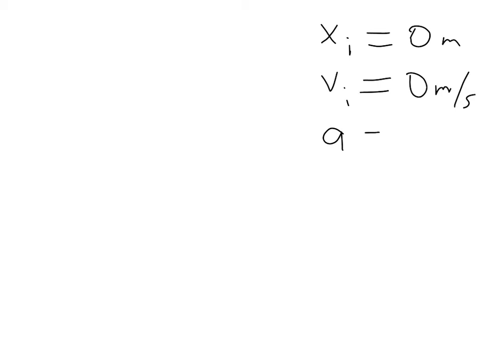So let us focus on what we know about the officer. We know that the initial position is 0 meters. We know the initial velocity is 0 meters per second. He starts from rest. And we know the acceleration is 2.5 meters per second squared.